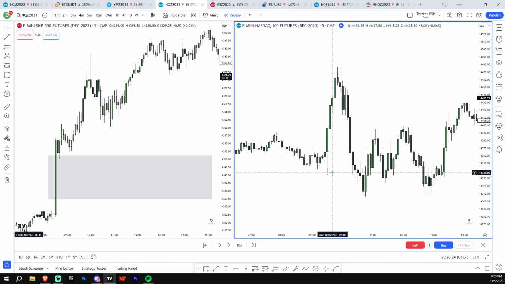How can you be sure that it'll retrace back up higher after reaching the 0.5? Well, how do you mean, like how do you know if it's going to retrace to that 0.5 level in the first place?